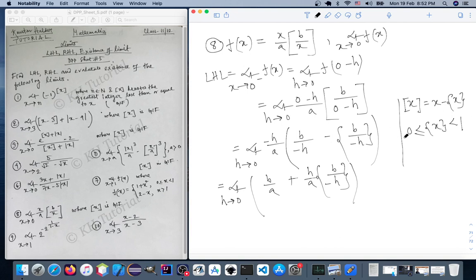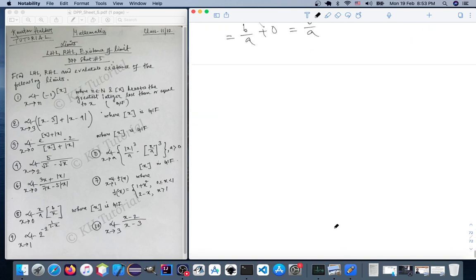Also h tending to 0, this implies h by a times fractional part of b by minus h is tending to 0. So this becomes b by a plus 0 equals b by a. So the LHL is b by a.